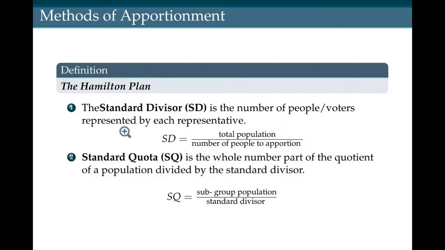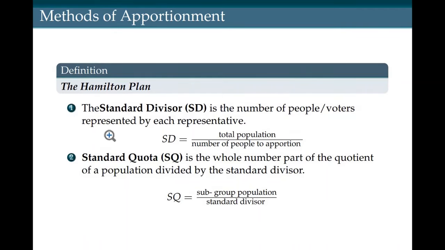This is called the standard divisor. The standard divisor is the number of people or voters represented by each representative. To compute that, we have the total population divided by the number of people to apportion.